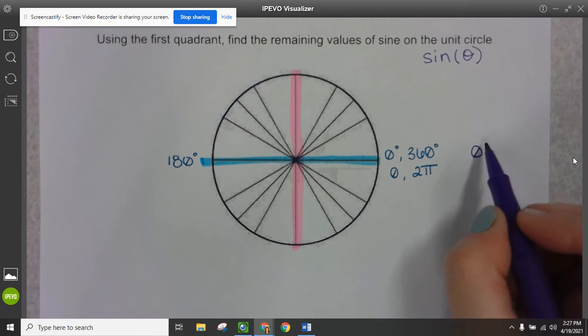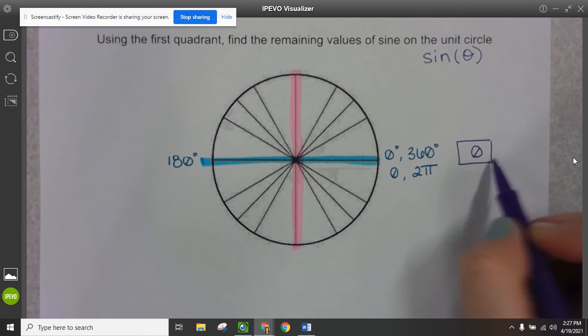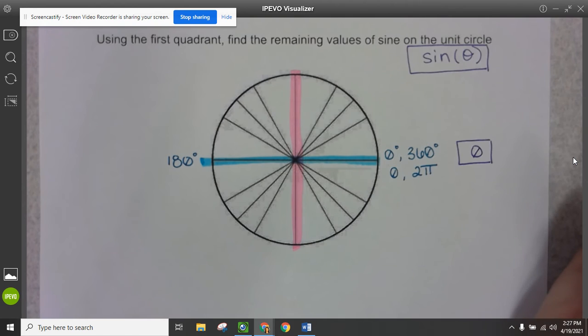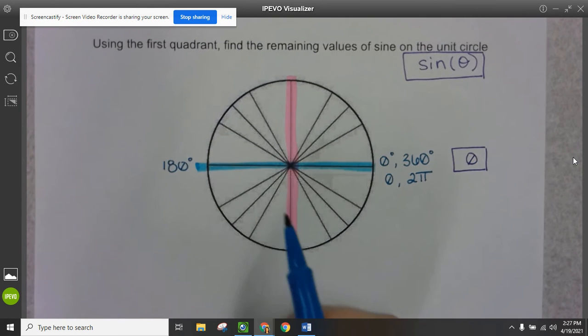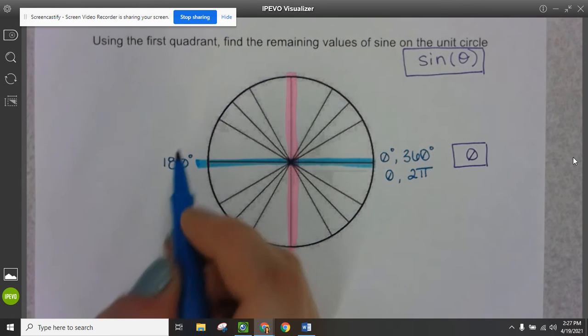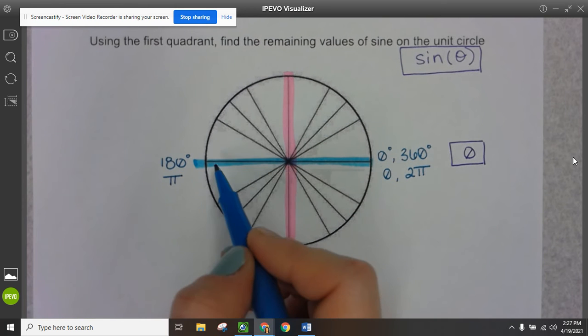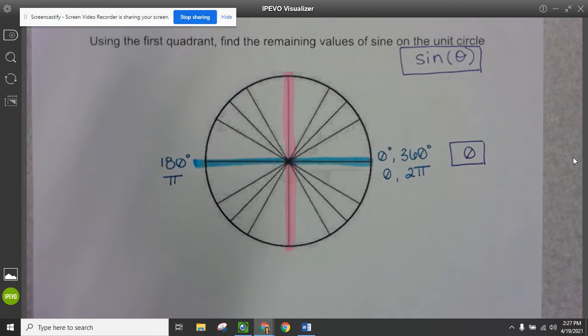And I'm just going to put little boxes around my sine values so that I remember them, because they're going to be important when we move on to our next activity here. So 180 degrees in terms of radians is pi. It's halfway around my circle.